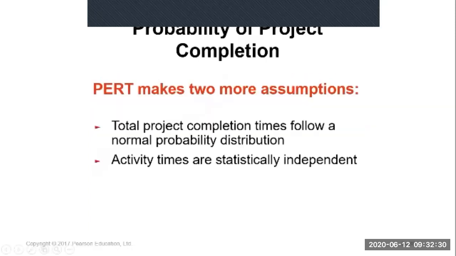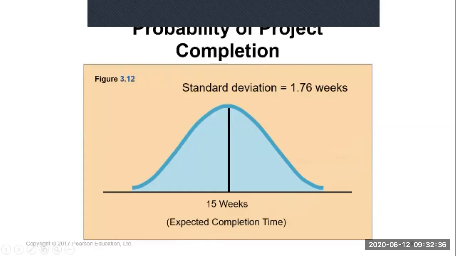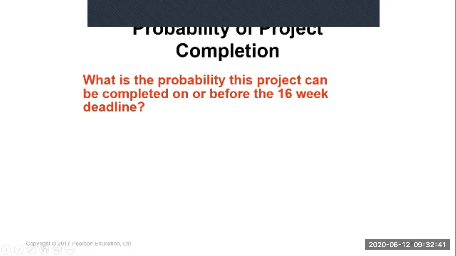So this is why we have to calculate the project variance and project standard deviation. Let's say we want to identify the probability that this project can be completed before the 16-week deadline. After you calculate the network, you identify that the project duration is 15 weeks.